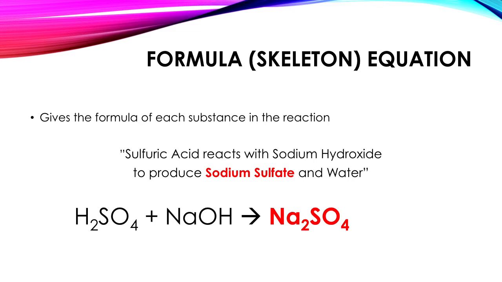Sodium sulfate is Na2SO4. Remember that the sulfate ion has a -2 charge and the sodium ion has a +1 charge, so we need 2 sodium ions for every sulfate ion. Then we have a plus sign for the word and.